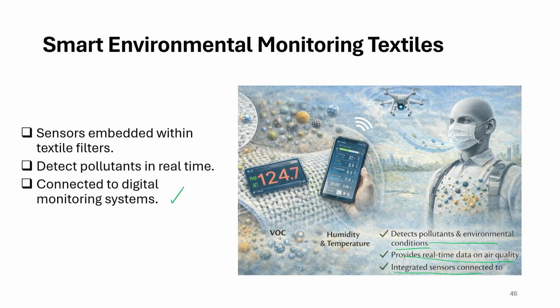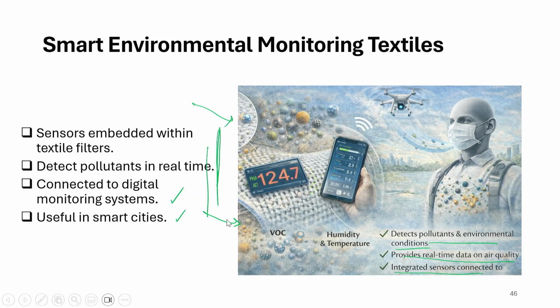So, we can monitor the system in real time. In smart cities we can use this, where we get all the data, and based on this data we can activate our filter medium.